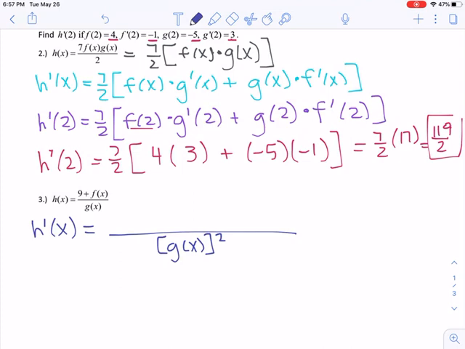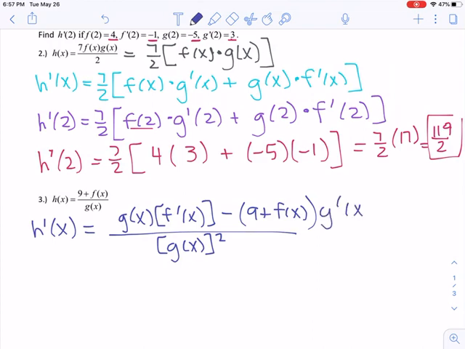Then I move up top and I start with my bottom function, g of x, times the derivative of the numerator. The derivative of 9 is 0, and the derivative of f of x is f prime of x. Minus, then I want to go ahead and take my numerator, 9 plus f of x, and multiply it by the derivative of the denominator, g prime of x.